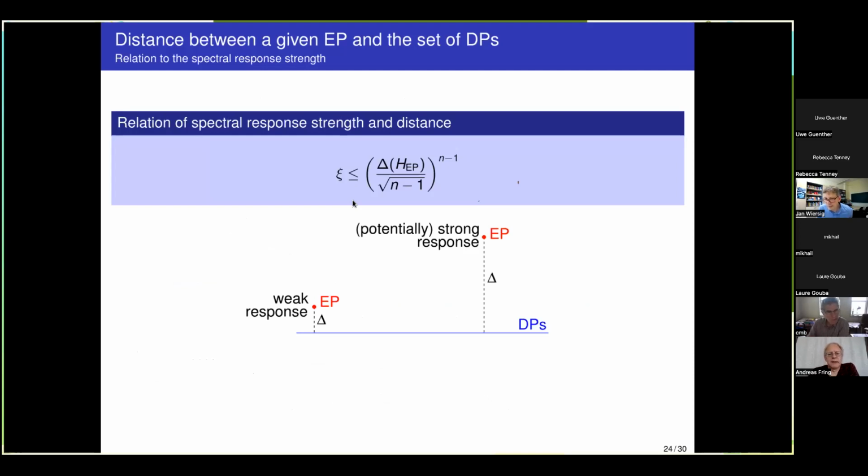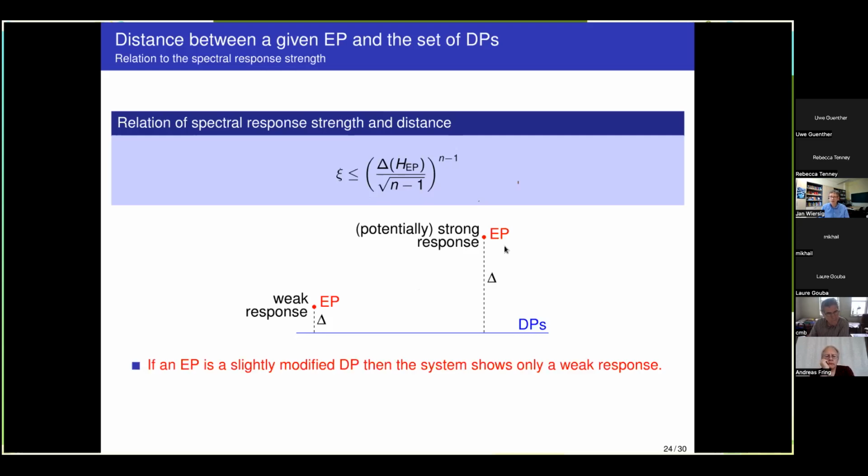And now the physical meaning is the following. If I know that my given exceptional point is close to the set of diabolic points, and the delta is small, it means necessarily that also the xi is small. So this exceptional point will be weak in the sense of spectral response. And if the delta, the distance, is large, then potentially this inequality tells me the response of this exceptional point can be large.